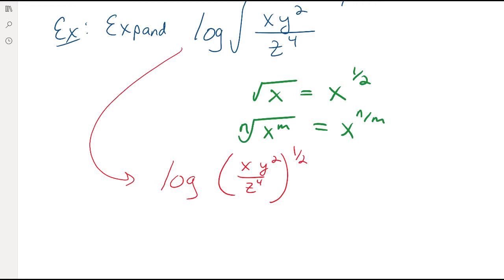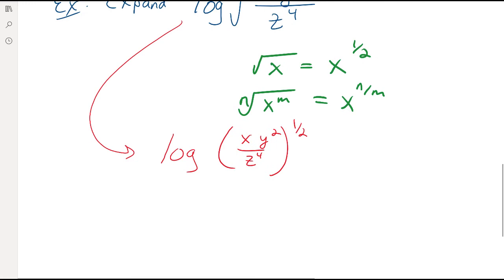Alright? And so we want to expand these. But here, the first thing that we have to do is we have to do our power rule. So we're going to take that 1/2 as the power. We're going to bring it out front. So this is 1/2 times the log of x y squared over z to the 4th.